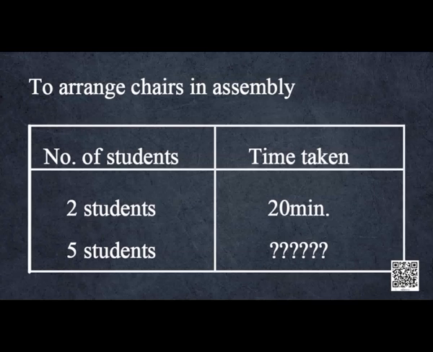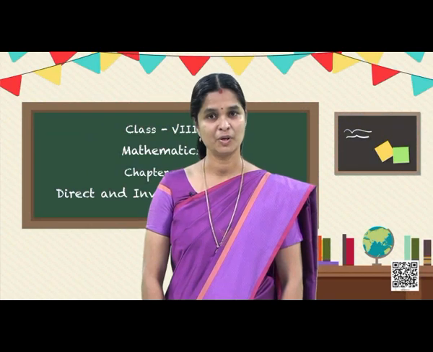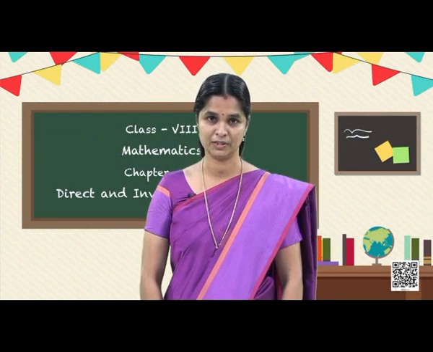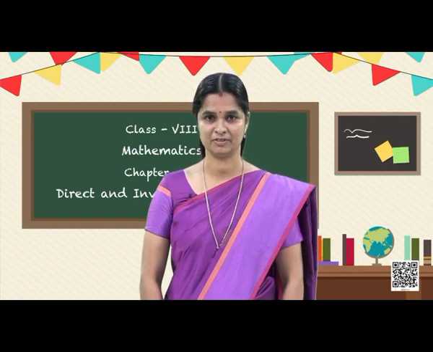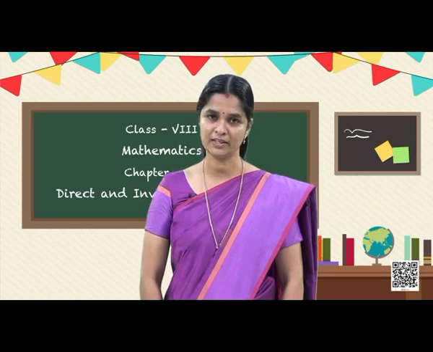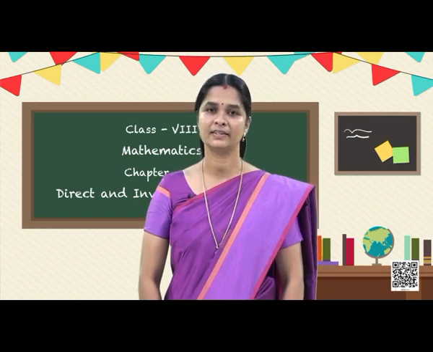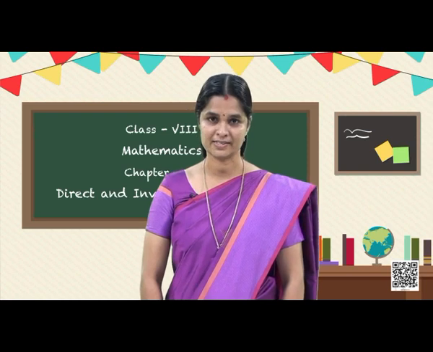Here, will they take more time or less? Yes, you are right. When we have more number of people to work, we need less time to complete the work. That is, when one quantity increases, the other quantity decreases.